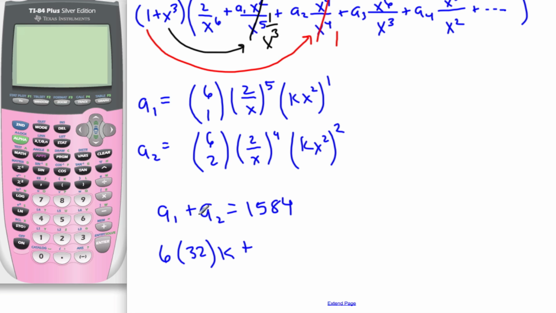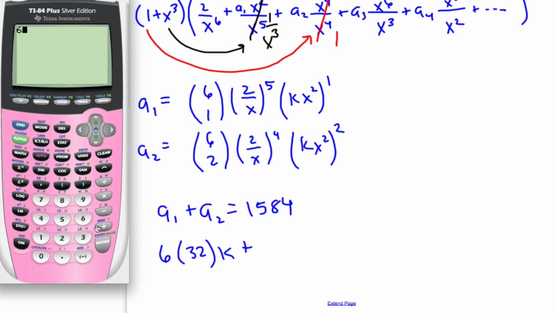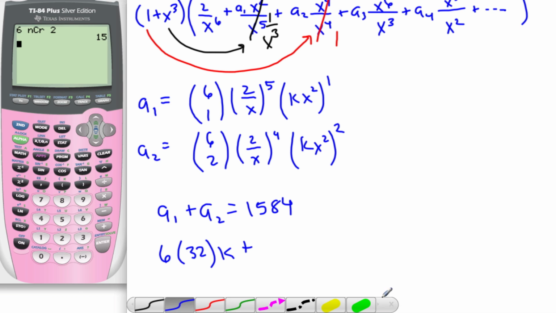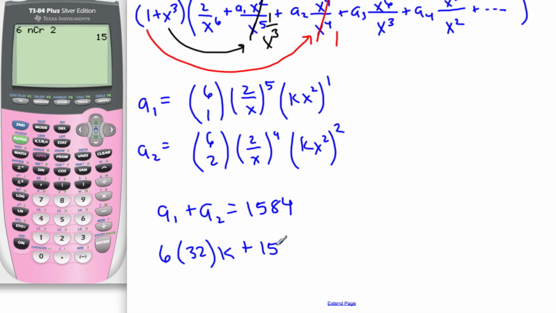And then a2 will be 6 choose 2. We'll go over here and do that. 6 choose 2 is 15. So that's 15, 2 to the 4th, 16, k squared, and that should be 1584.